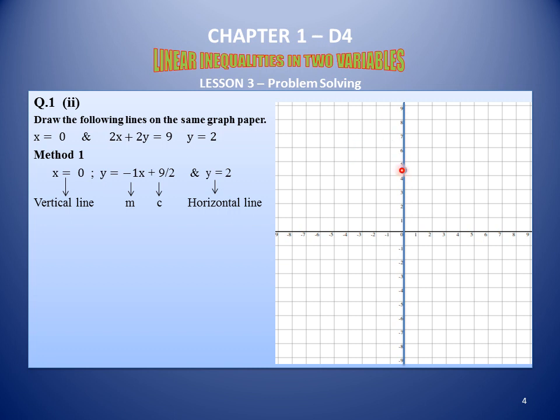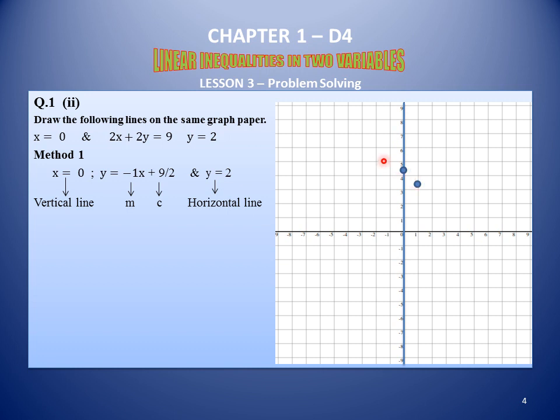Now from this point we will move 1 unit downward and 1 unit to the right, because its gradient is minus 1, a whole number, so write 1 in the denominator. So your rise is minus 1 and your run is plus 1. From this point we will move 1 unit downward and then 1 unit to the right, and we will place a dot at this point.